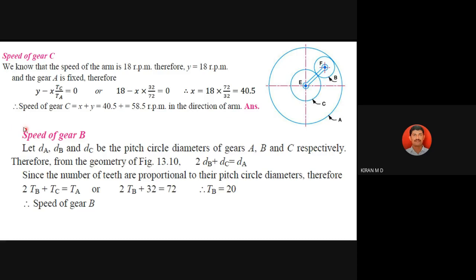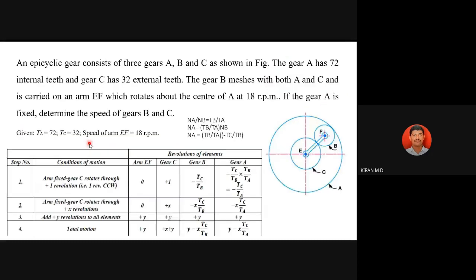Next, we need to find out the speed of gear B. See here, you can see in the table, the speed of gear B is equal to y minus x into TC by TB. We know TC, we know TA, but we don't know TB, the number of teeth of gear B. How can we calculate this TB?